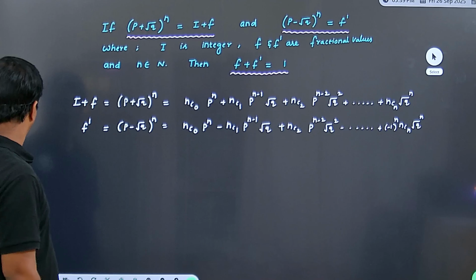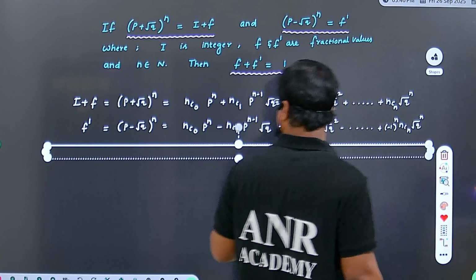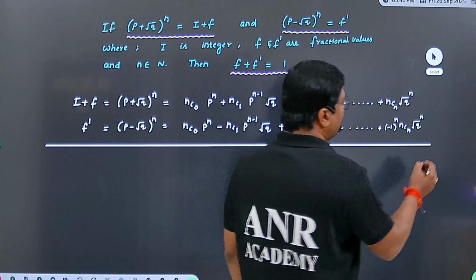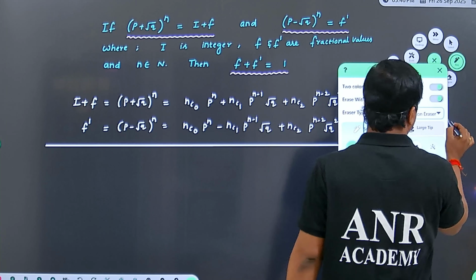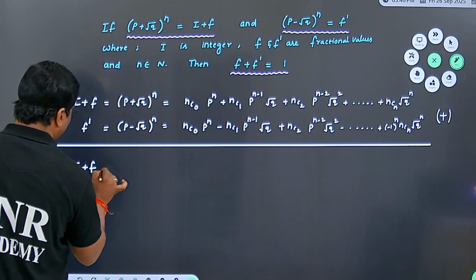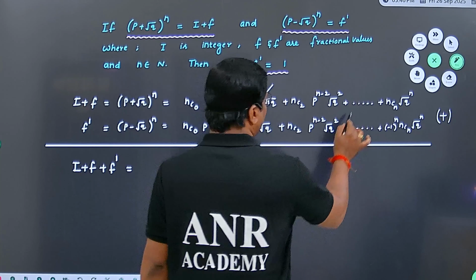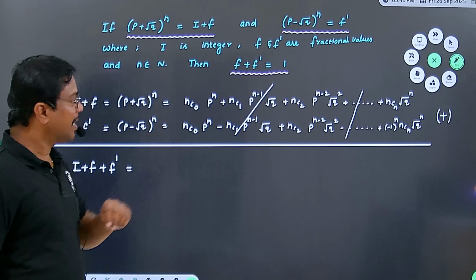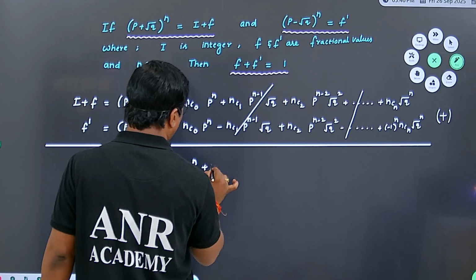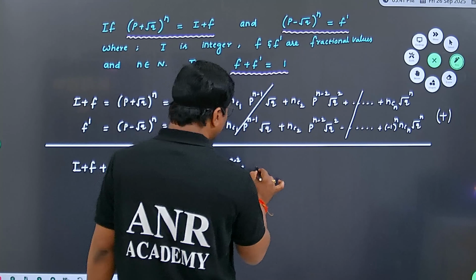When you add these two, it becomes I plus f plus f dash, and on addition the second term, fourth term and like that the terms get cancelled, and we get 2 times nC0 p power n, and after that 2 times nC2 p power n minus 2 root q whole square, whose value is simply q, and so on.